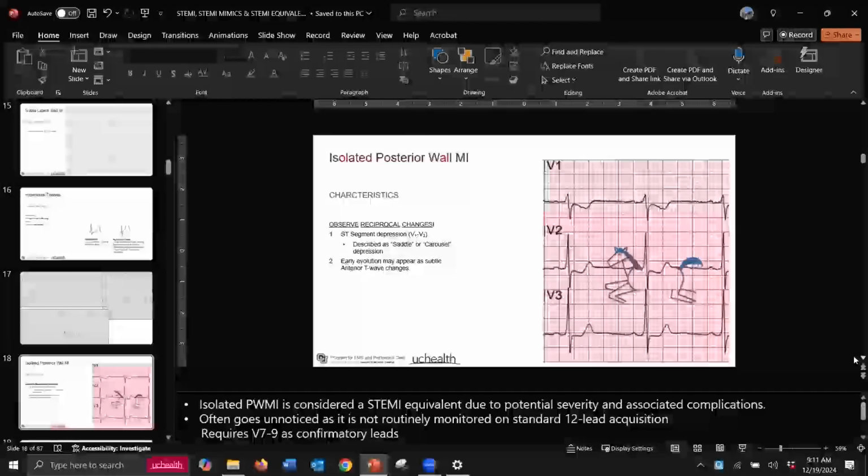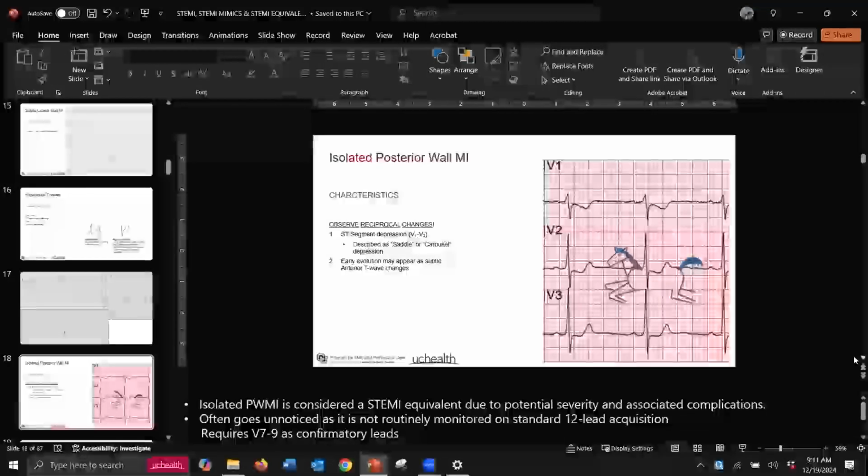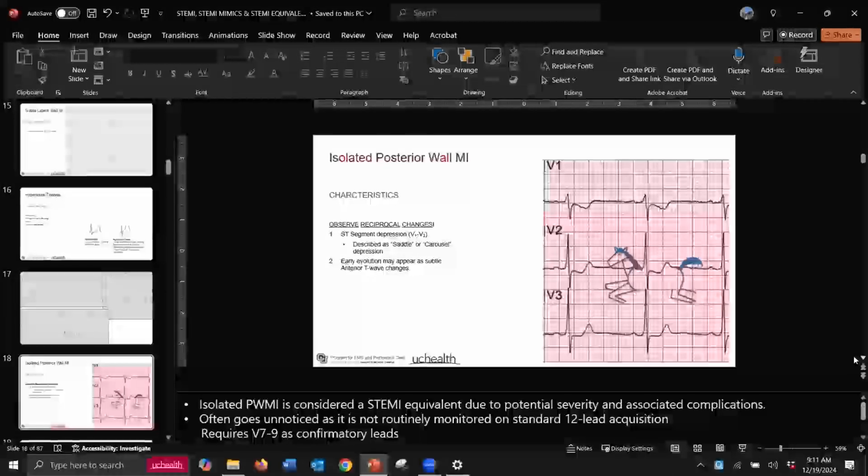So yeah, it doesn't meet STEMI criteria. Is it an occlusive myocardial infarction? Shake your head up and down. Absolutely. Now, if we think about this from a myocardial real estate standpoint, what part of the heart is affected by this? If it's an isolated posterior wall, it'd be the back side of your right ventricle, backside of both, right?